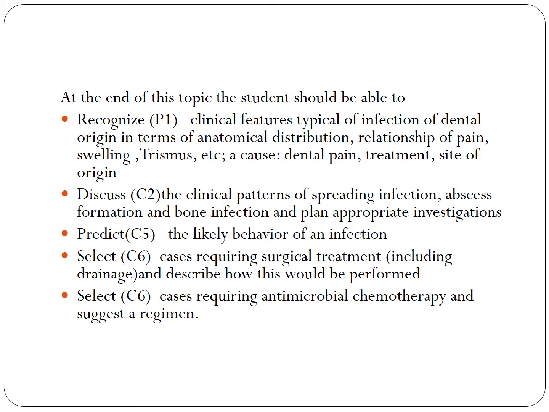And you should also plan appropriate investigations, and you should be able to predict the likely behavior of an infection depending upon its clinical signs and symptoms, and select the cases requiring surgical treatment like incision and drainage, and describe how this would be performed. And also you should know about the antimicrobial chemotherapy, that is antibiotic therapy, and you should be able to draft a regime.